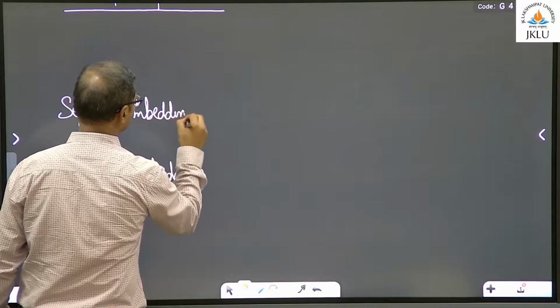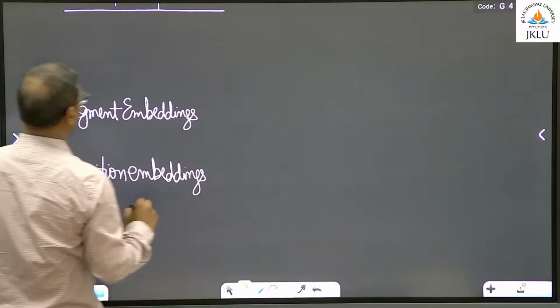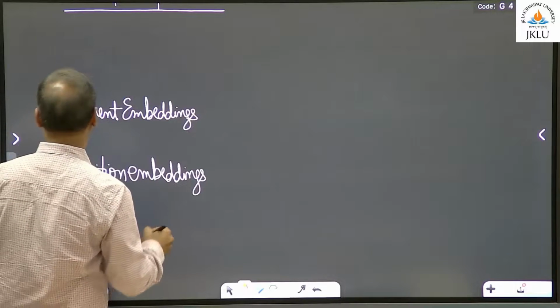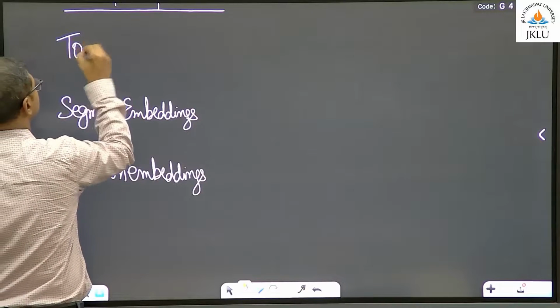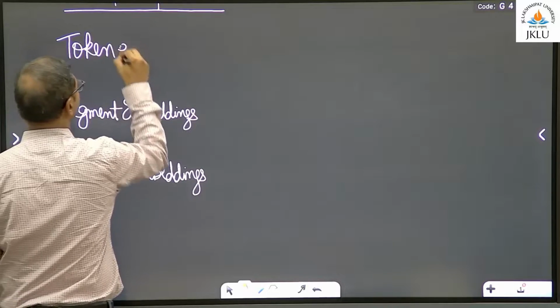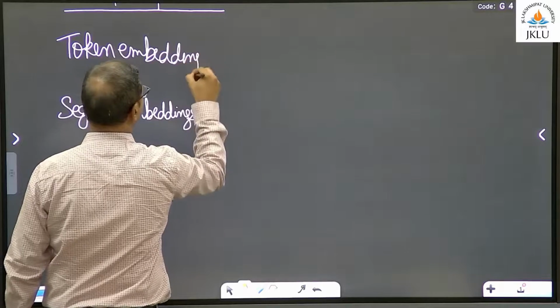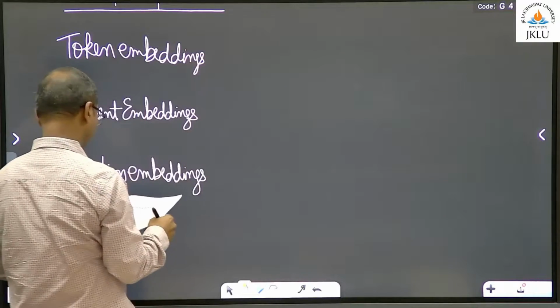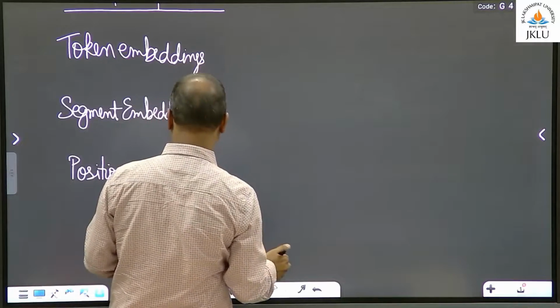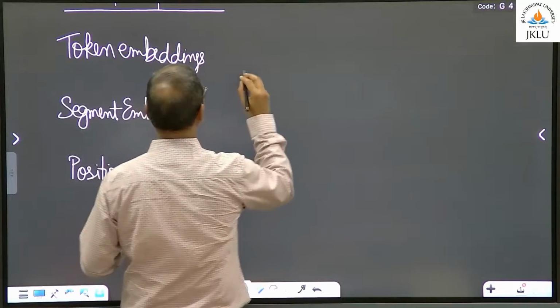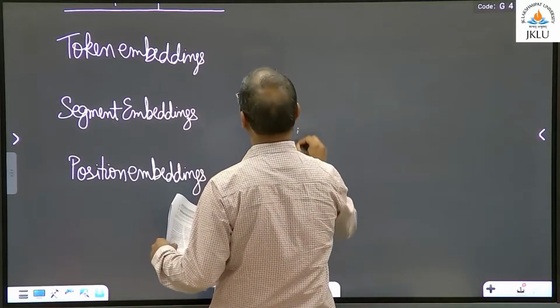What else do you have? Token embeddings.